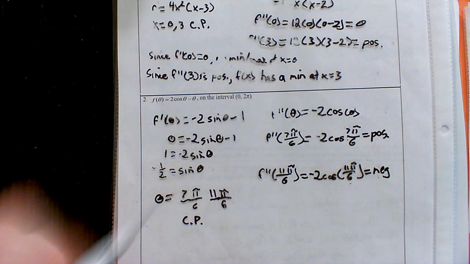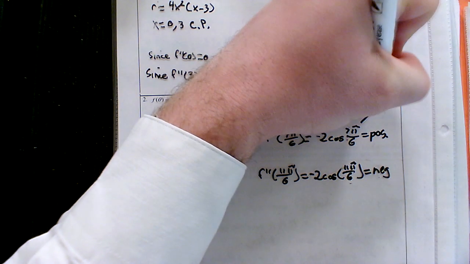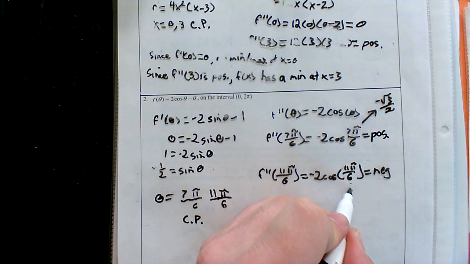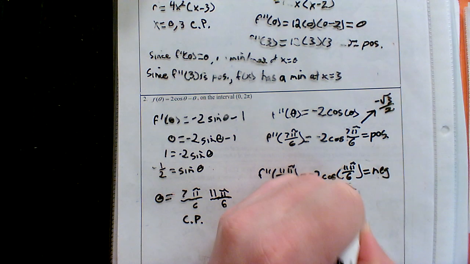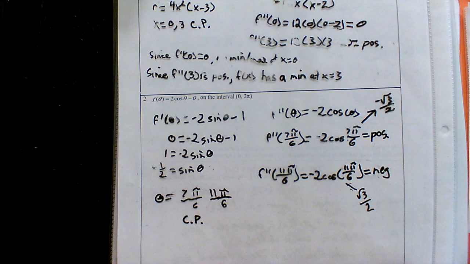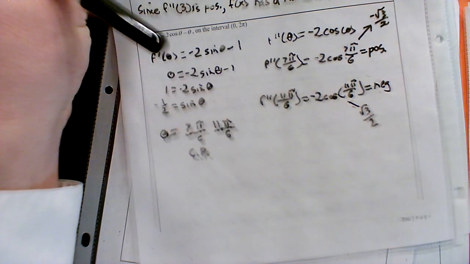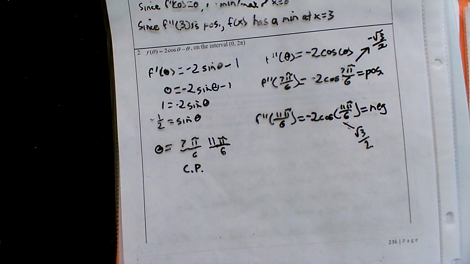Now, if you would like to know, the 7 pi over 6, if you take just the cosine of that, you get negative square root of 3 over 2. And that one you would get square root of 3 over 2. All right, and we have two conclusions we can make out of this. What are they before we write them down? What are our conclusions from the second derivative test?